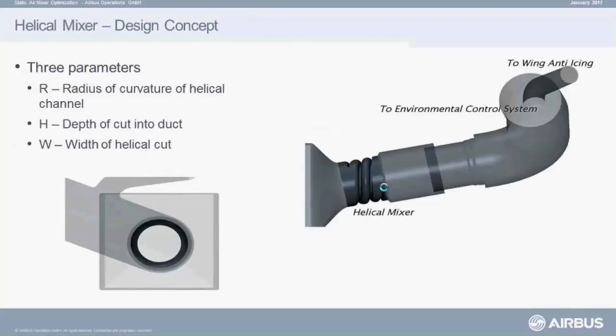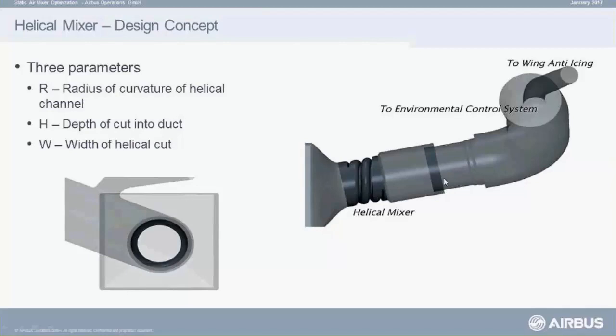When we first started with design optimization of this geometry, we had a design like this. It was a helical mixer, so basically a groove in this duct, where we intended to mix the air that is quite hot in the upper part of this plenum with the colder part of the air in the lower part of this plenum.